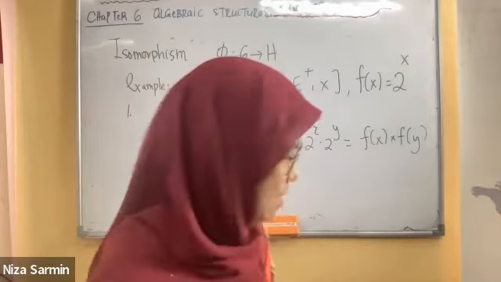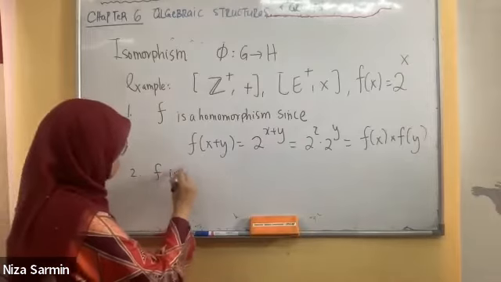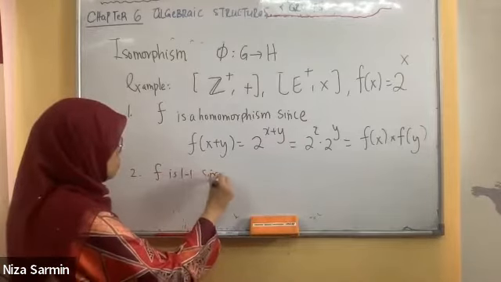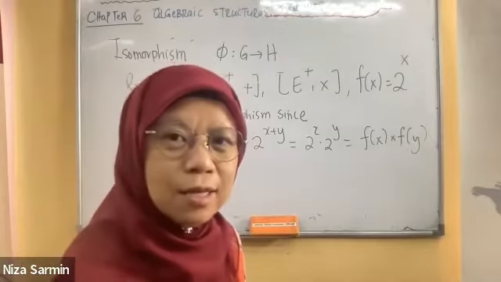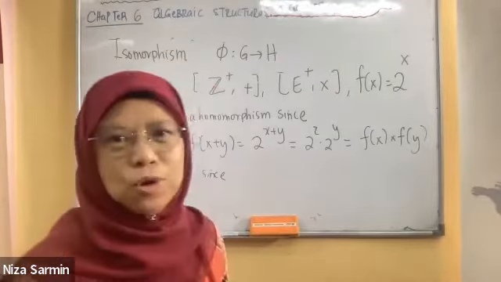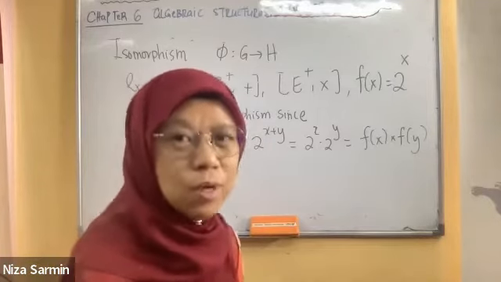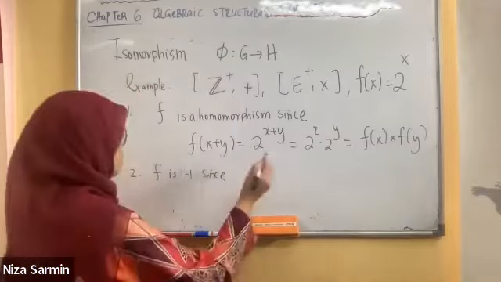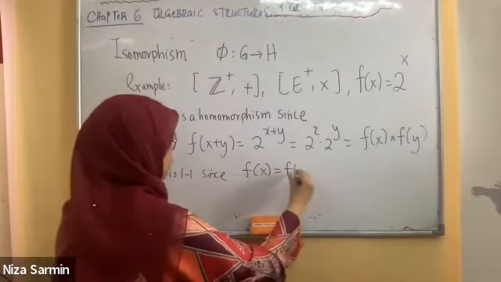The second one, f is 1-to-1. Say the question is prove that it is an isomorphism. So I know I have to prove this. If you said determine, then we have to check whether, right? Okay, so f of x equal f of y.